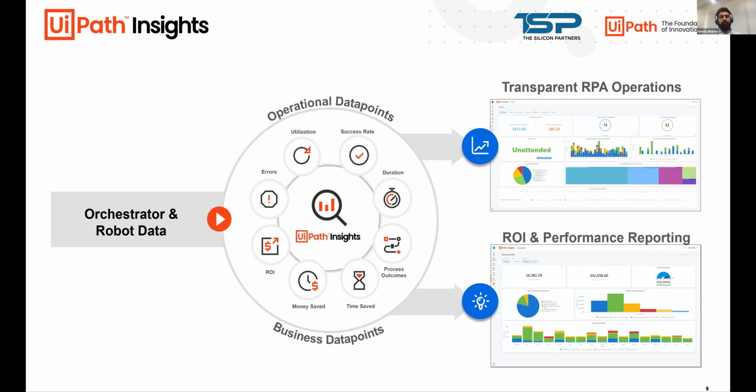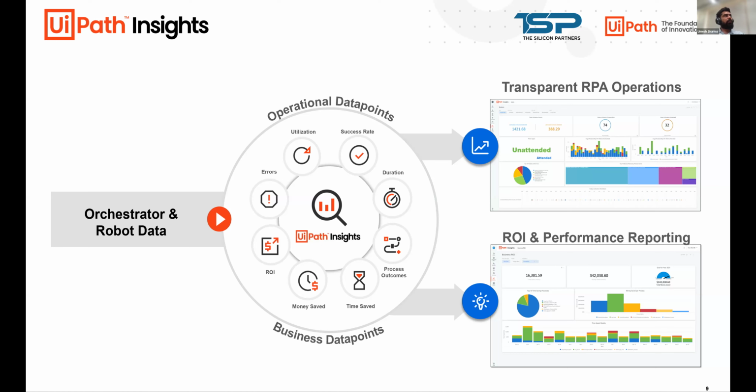So these data points really become important when we talk about ROI: what is the hourly charge that the employees are taking, what is the manual effort being put in, and how much duration the bot is taking to perform the same step, right?